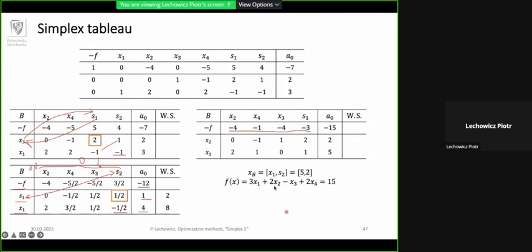So in our objective function, only x1 is included, our original objective function, because in this modified objective function, all these variables are equal to 0, and this is our right-hand side of the equations. But if we write the objective function from the original problem before introducing variables into the base, it's written in such a form. So if x1 is equal to 5, the value of the objective function is equal to 15. So this is the same as the value which we obtained here.